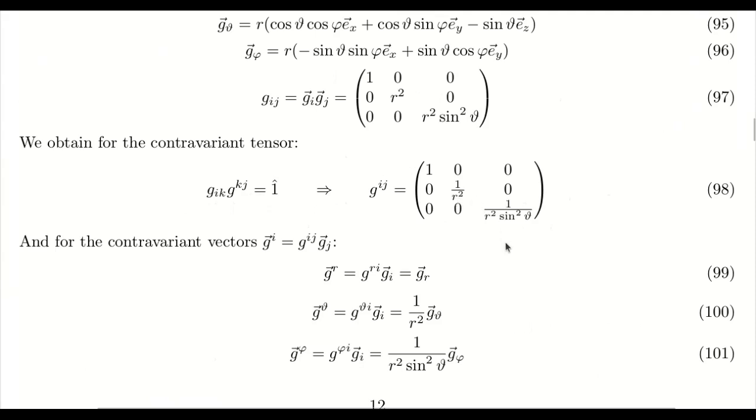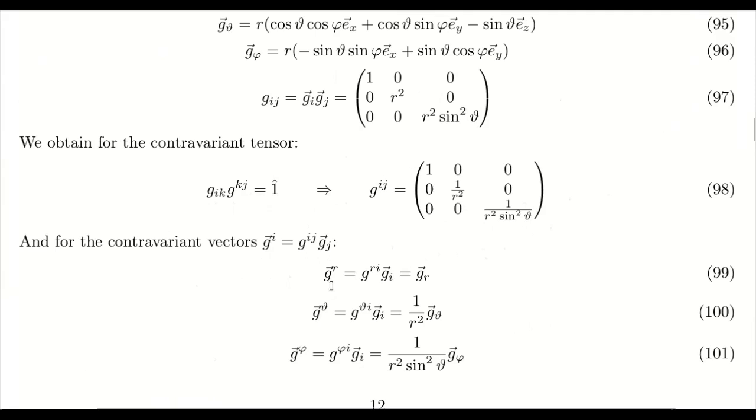We have here 1 divided by r square and so on. Okay, then we can calculate the contravariant vectors G. So very easy now, because instead of writing a contravariant vector, we can write a covariant vector with a scalar product with a metric tensor here in this way.